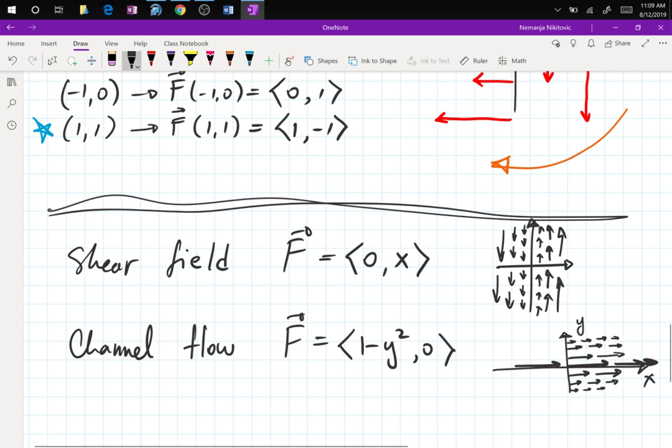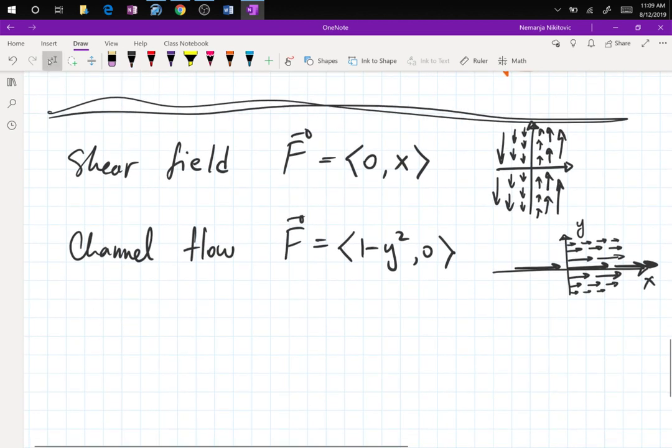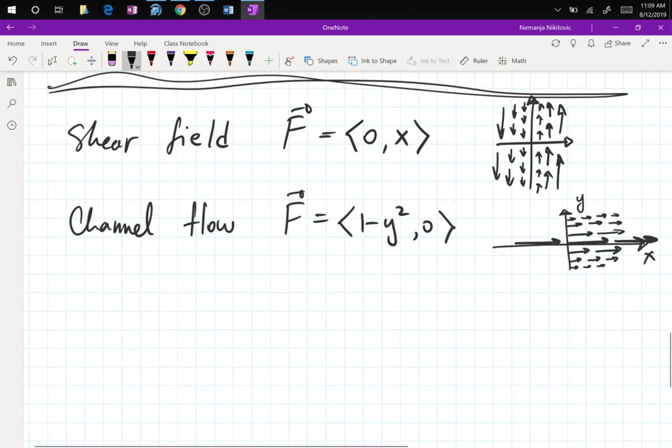So the closer it is to the wall, the more friction it has, and it slows down the flow. So this is a two-dimensional representation. Obviously, a three-dimensional representation would have two components that look like this, and then 0 on the third component, which would be also determining which way this is all oriented.